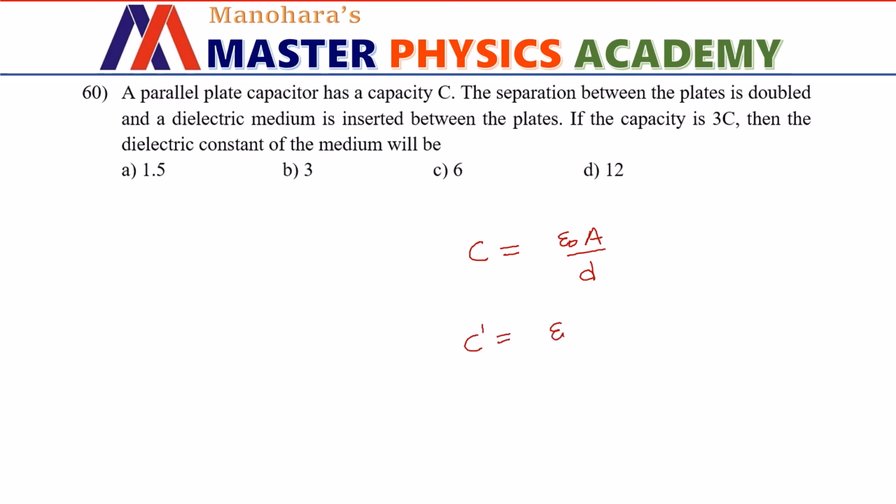We are going to insert some medium between the plates, say its dielectric constant is K, then the expression for C dash will be equal to epsilon naught K A divided by the new distance. New distance is double the initial distance, hence it is 2D. Doing this, we will be having the capacitance equal to 3C.